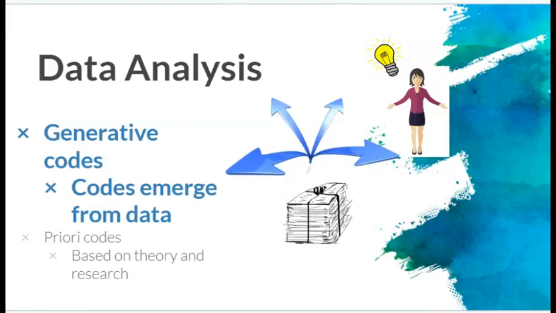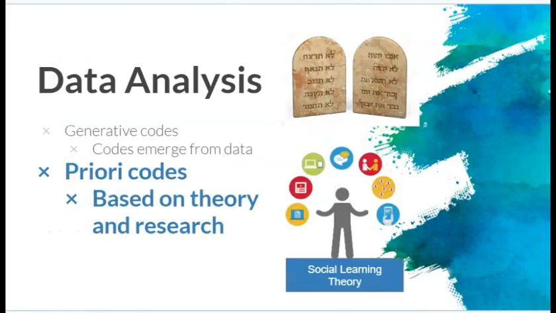But remember I said we did this study over and over. The following year, I used those same categories because they came from previous research. So those are called a priori codes because the codes already existed from previous research.